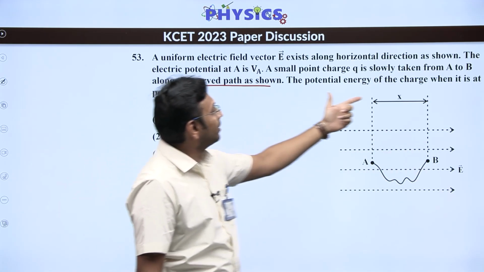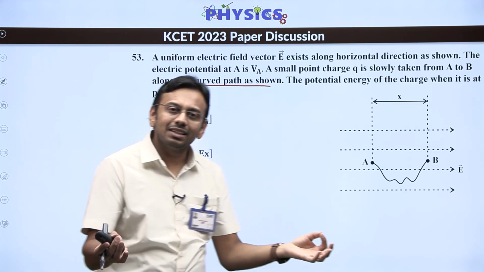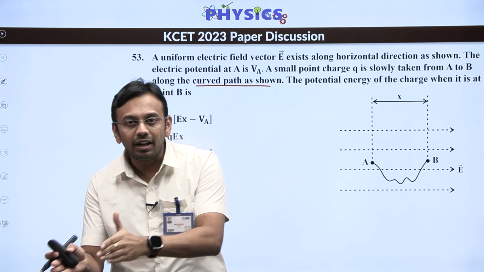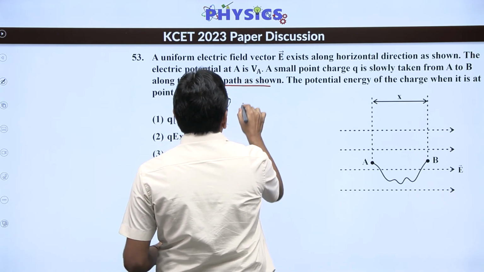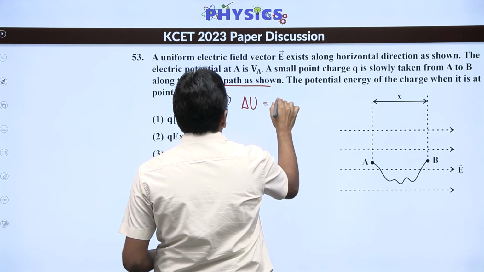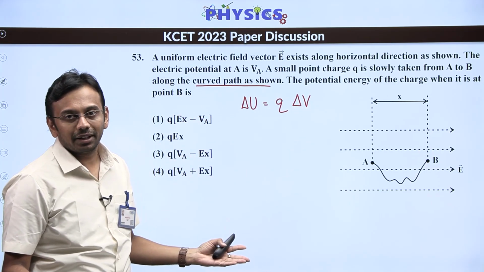Potential energy of the charge when it is at point B, this is what we have to find. So, there is a simple relation between potential energy and potential. What is the relation? Delta U is equal to Q delta V. This is what we have to apply.